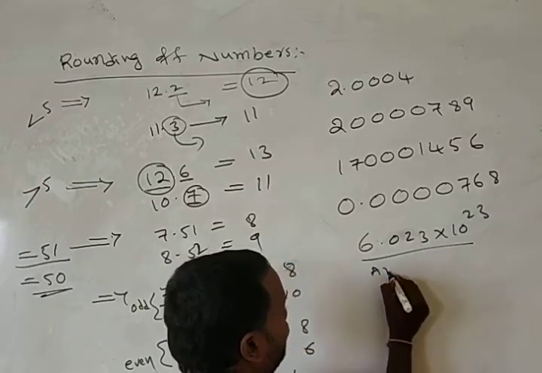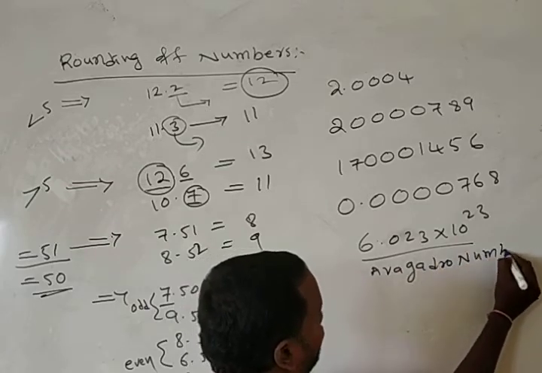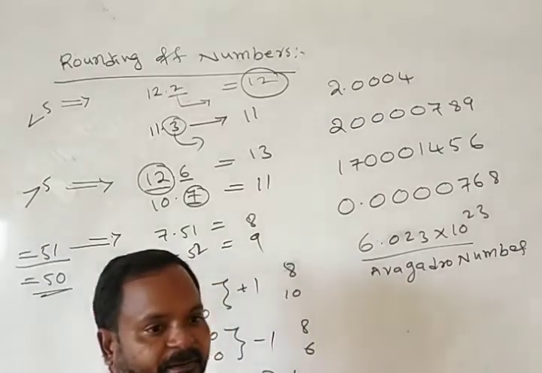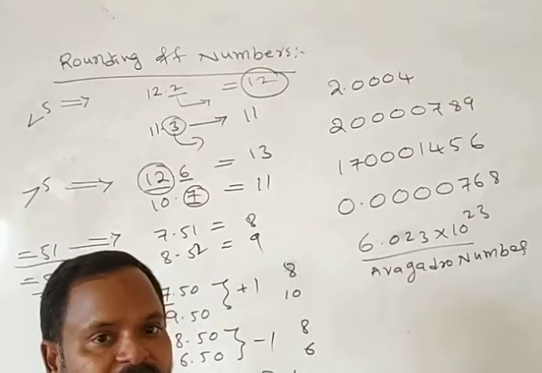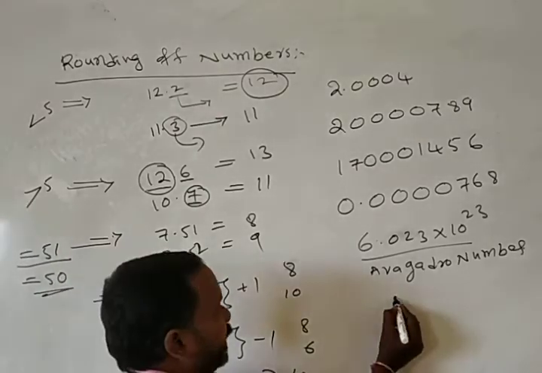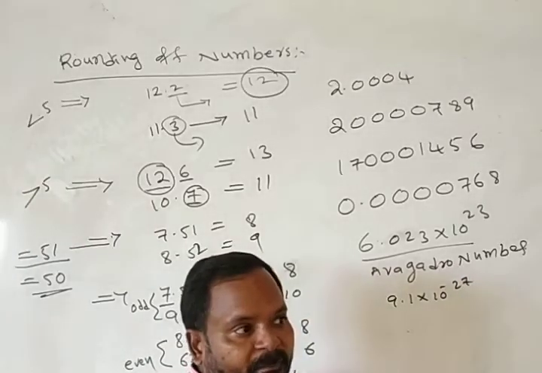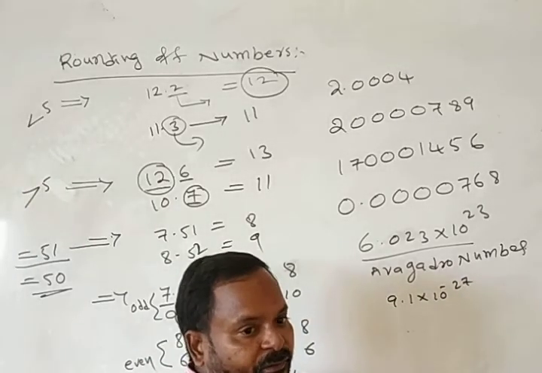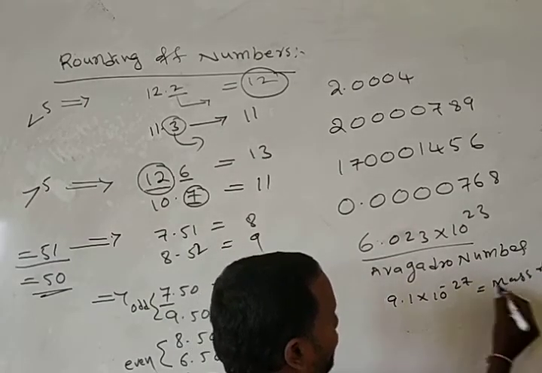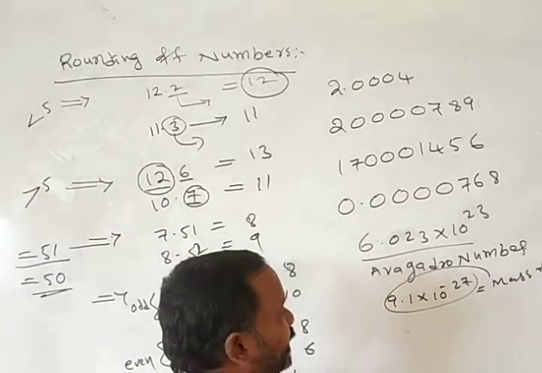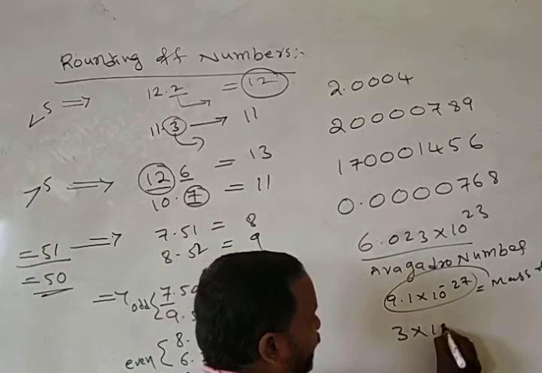This is Avogadro number. How many significant figures are present in Avogadro number? Here 9.1 into 10 to the power of minus 27 is the mass of an electron. How many significant figures are present in this one? 3 into 10 to the power of 10.